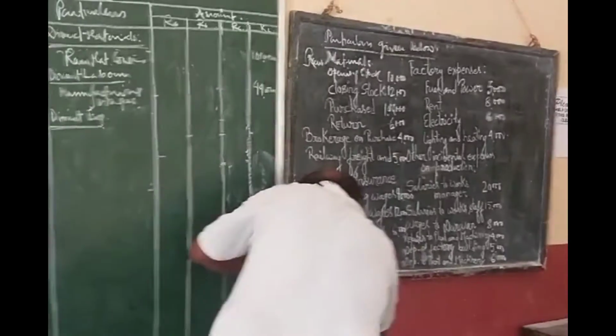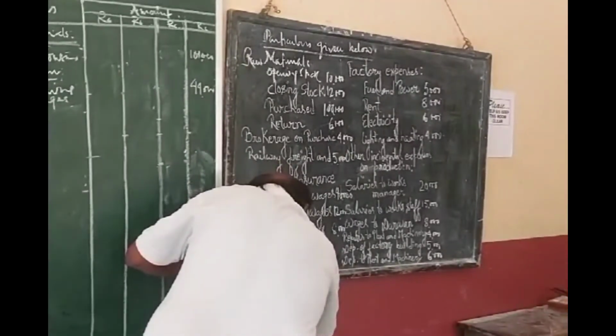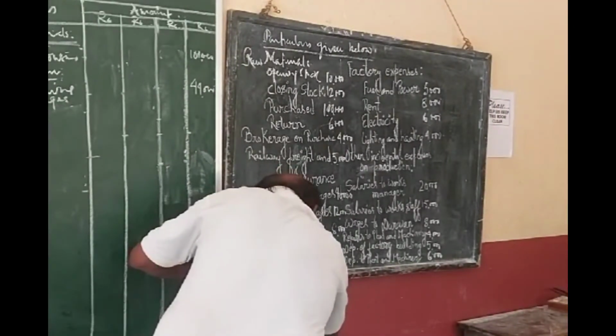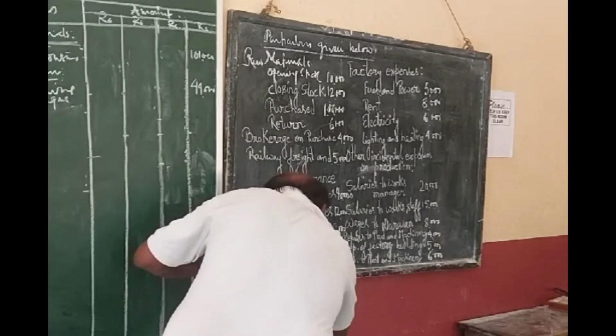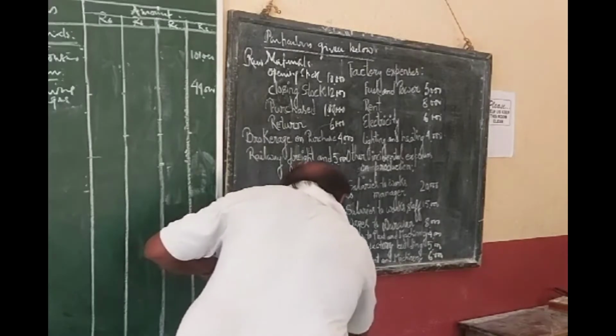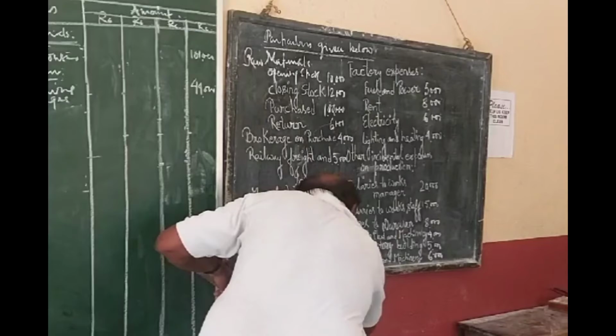Say I am thinking, I am writing one item: royalty on production, 10,000.